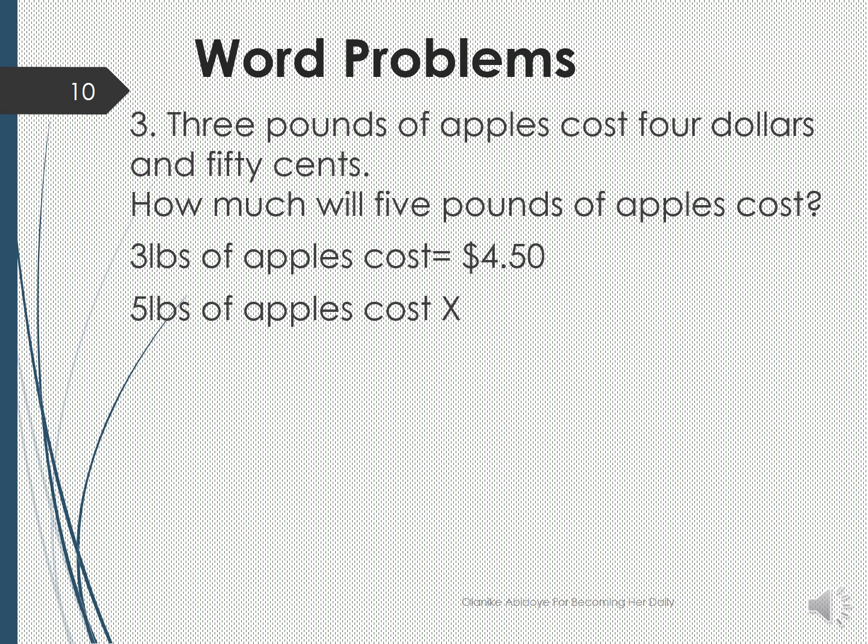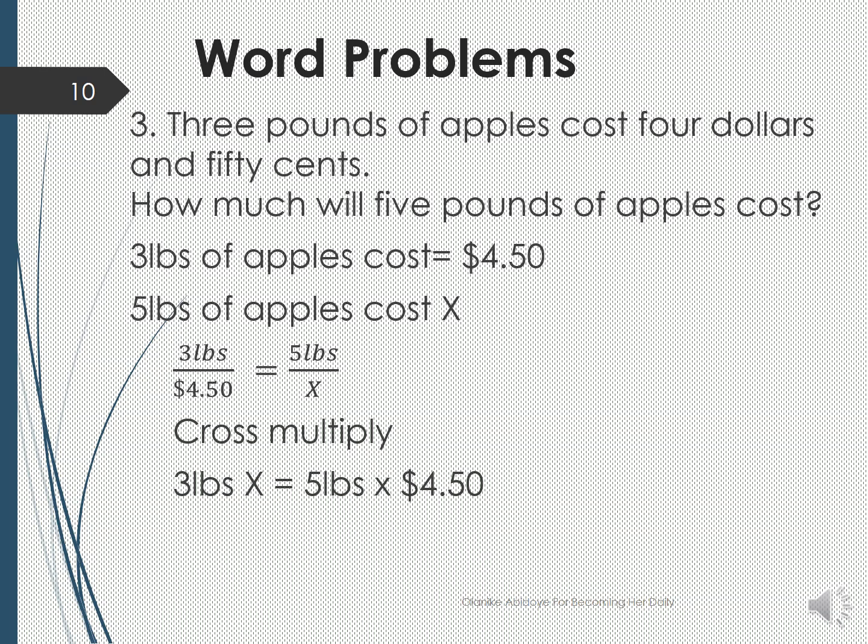So we try to write this in ratio form. That would be 3 over 4.50, which is the cost of the apple, equal to 5 pounds over the cost of it, that is X that we're looking for. In that case, we cross multiply 3 pounds times X, that will be 3X, then 4.5 times 5.